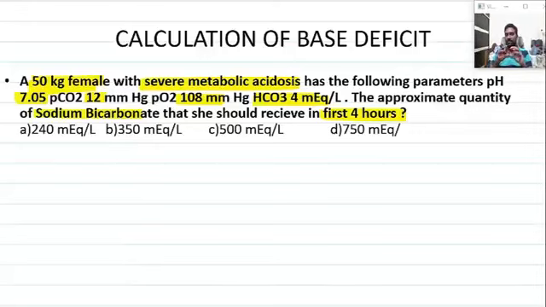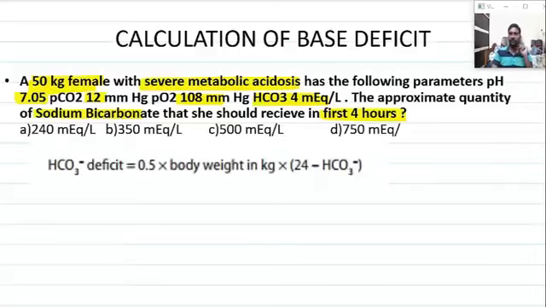Now they're asking how much base should be added in the first 4 hours so that you can improve the pH. So we have a formula for base deficit. Base deficit is equal to 0.5 into body weight. This is from the recent CMDT 2019: 0.5 for females and 0.6 generally for males.